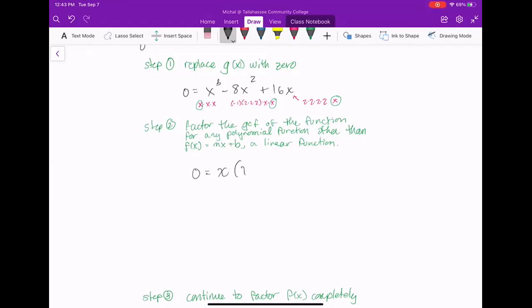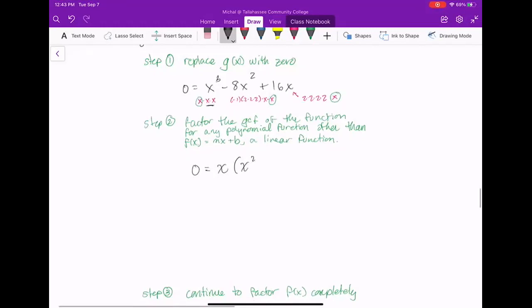I get x squared here. That's these two, x times x. Here I get negative 8x, because that's the same as negative 1 times 2 times 2 times 2 times x, which is negative 8x. And here I'm just left with my 16. So my greatest common factor is x.